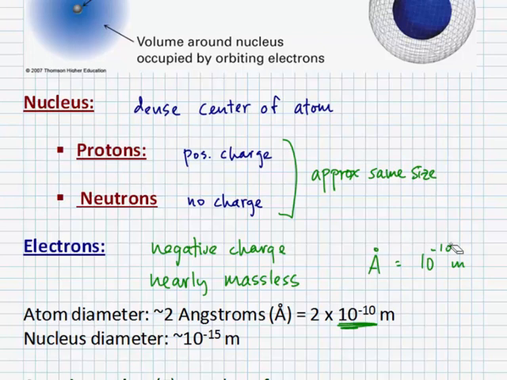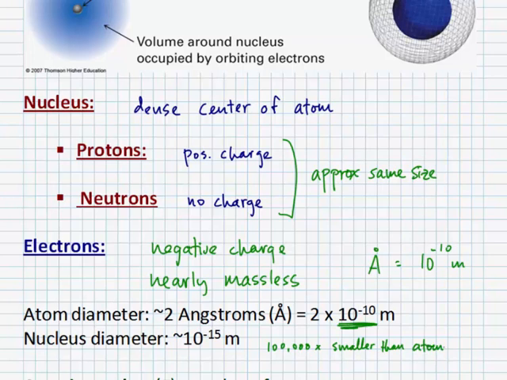Take a look at this. If we're talking 10 to the minus 10 meters for the atom, the nucleus is on the scale of 10 to the minus 15. So 5 powers of 10 smaller in diameter. So what's 5 powers of 10? 10, 100, 1,000, 10,000, 100,000. So the nucleus is 100,000 times smaller than an atom.